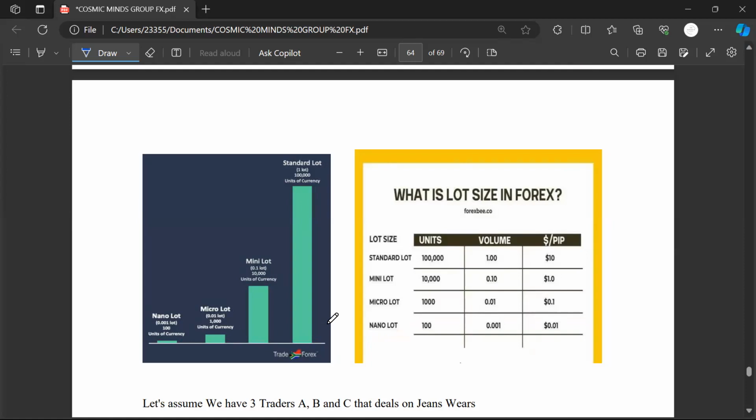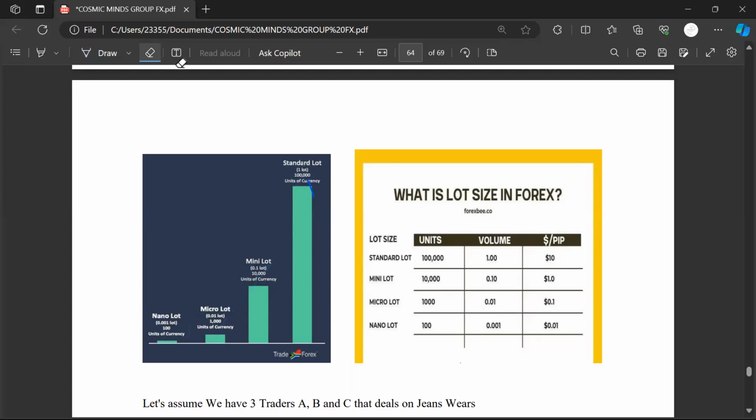So we have the standard, we have the mini, we have the micro, and in fact we have the nano. In this picture, starting from the smaller one, we go up to the standard. Each type has a number of units under it, for the 100,000, for the standard lot size of 1.